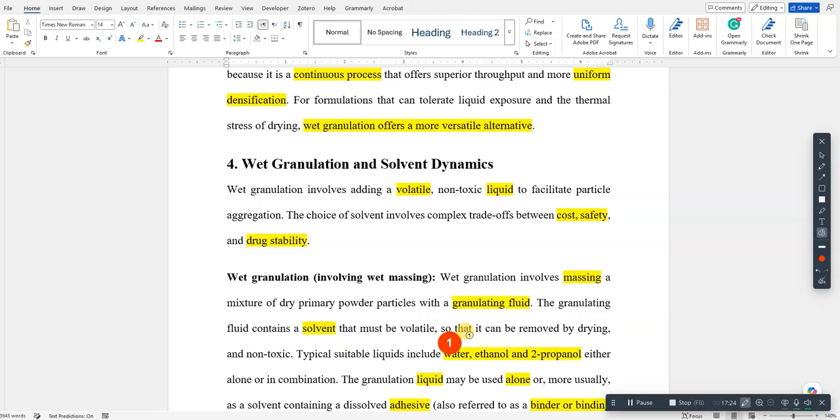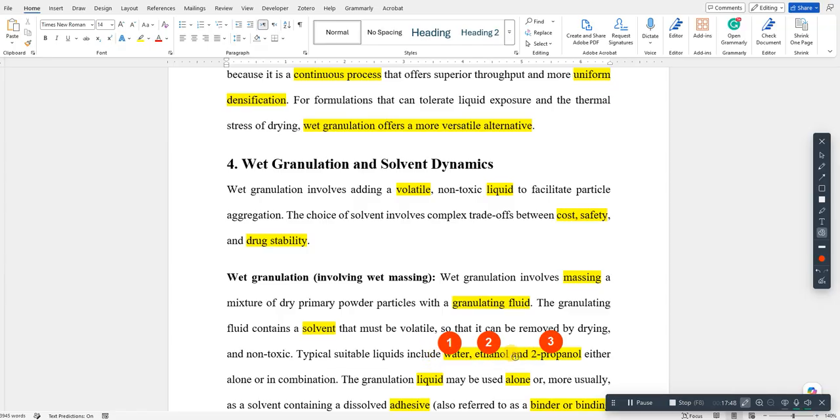Why water? It's cost effective and it is safe, but it may lack drug stability when water is present in the mixture. That's why if there is such a problem, then you go for ethanol or 2-propanol.